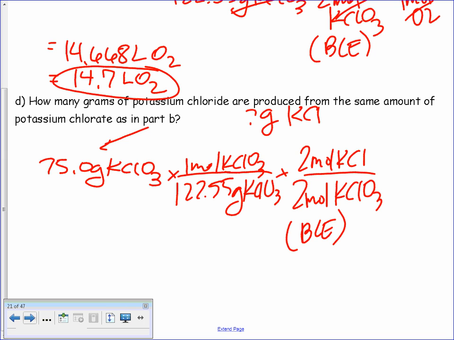Okay, I'm so close, guys. Right, so what's going on bottom? Right, so once you're in moles of potassium chloride, it's easy to get to grams through molar mass. And what's that molar mass? This is potassium chloride, not chlorate. 74.55 grams. You just added it up from K plus Cl.